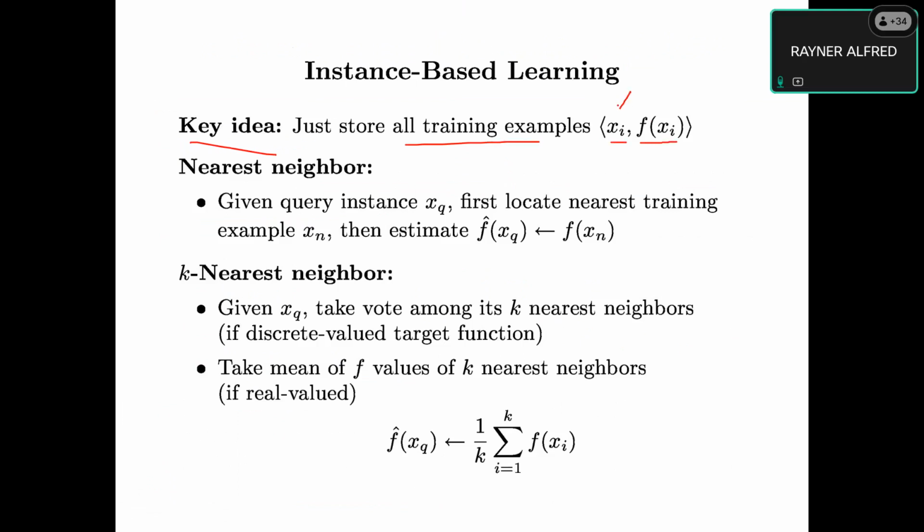When we look at the nearest neighbor, the most similar sample in our training data, we find this nearest example and take its label and assign it to the new instance that we have, because they are almost similar.